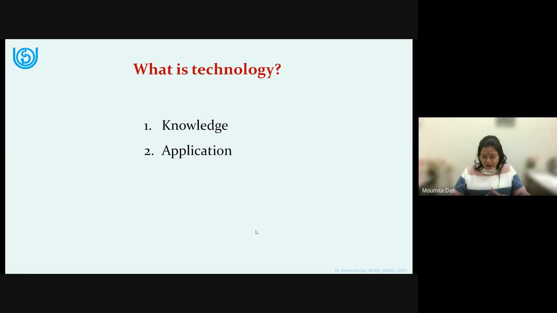Now, when we are talking about technology, we are not just talking about the physical product, like the machine or the thing, but the knowledge behind it also, isn't it?